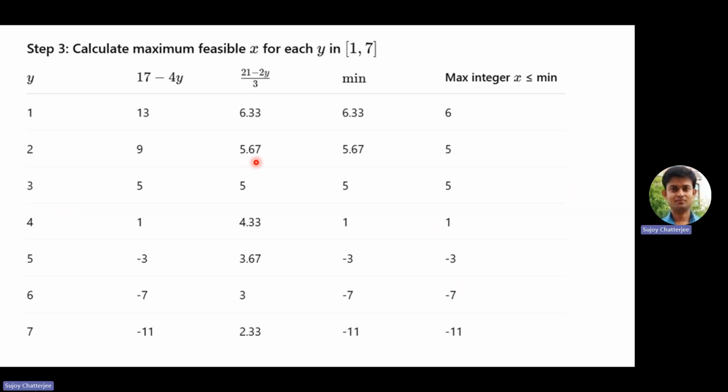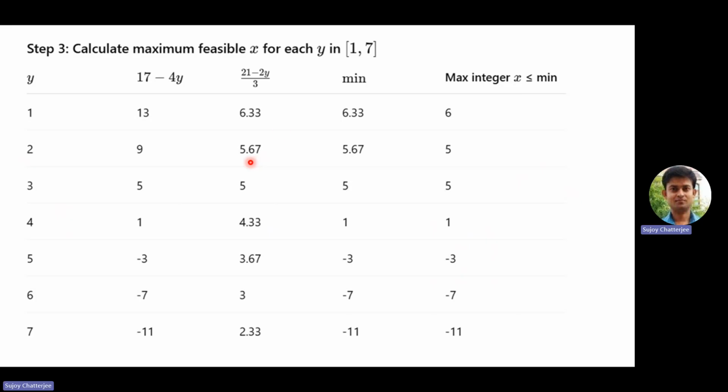So now we have to prepare a table like this by having the values of y from 1 to 7 and then correspondingly finding the values of 17 minus 4y and (21 minus 2y) by 3.